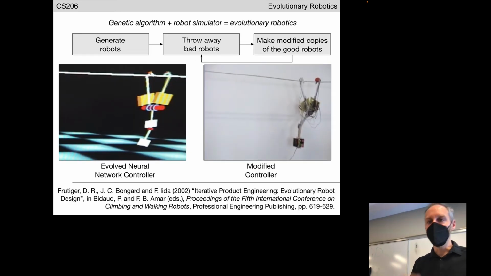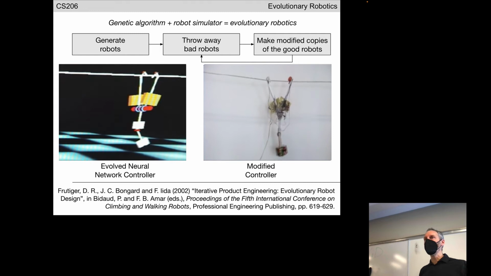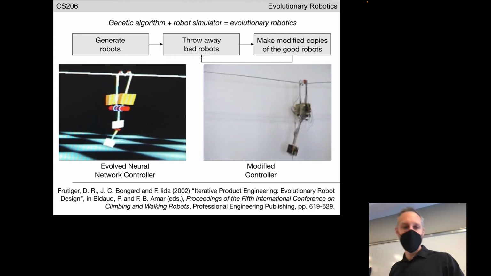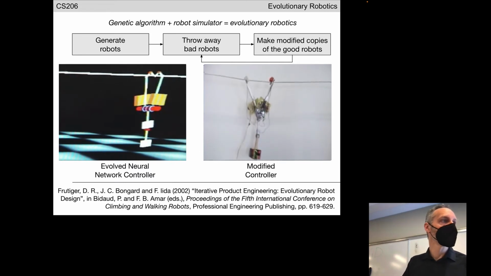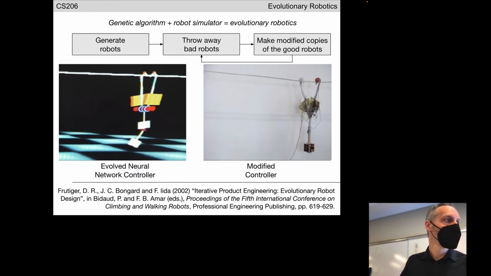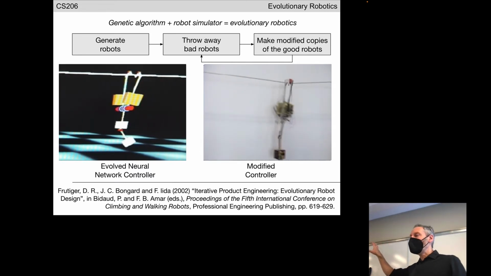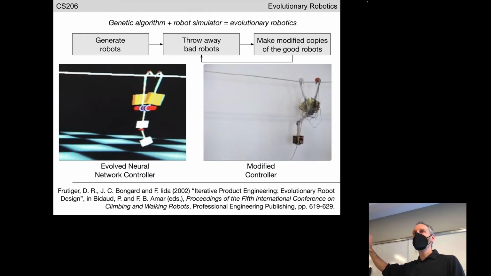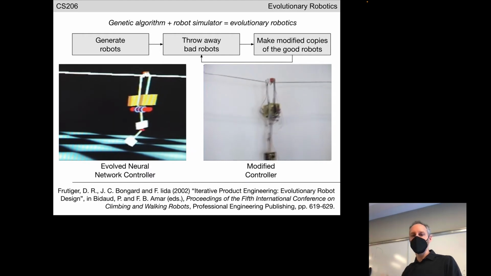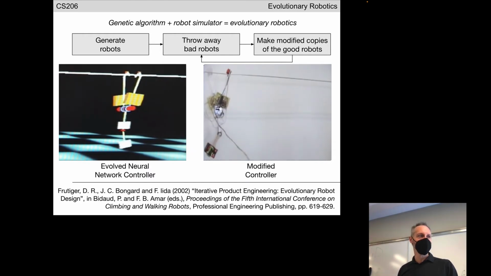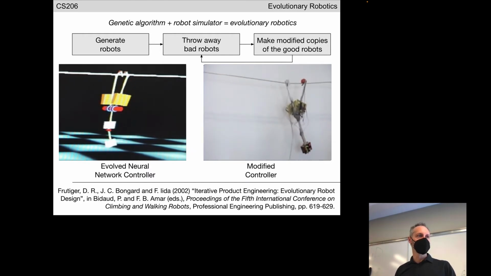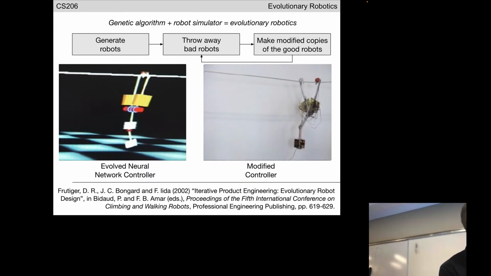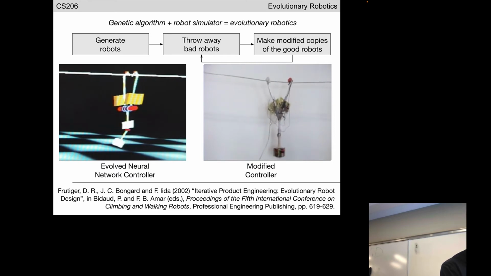Okay, so evolutionary robotics, the field was born in the early 1990s when somebody connected a genetic algorithm with some early simulators and started to evolve robots in simulation. I would love to play these videos for you, but now I'm thinking about how to actually make this happen. Give me 1 second here. Let's see what we can do.